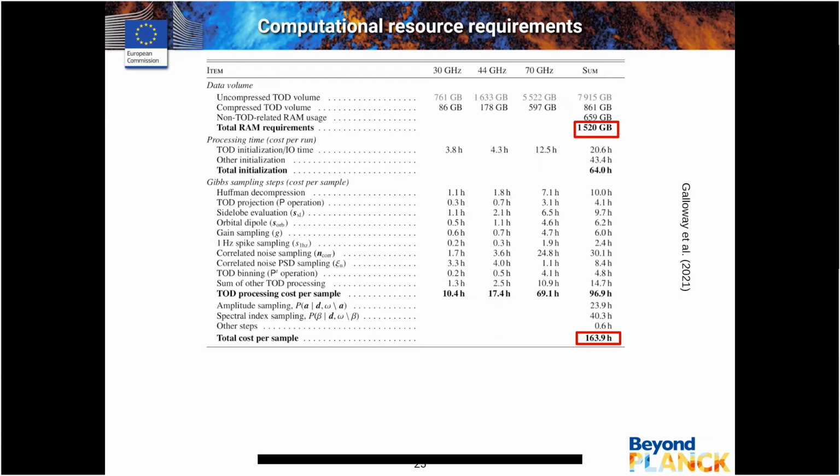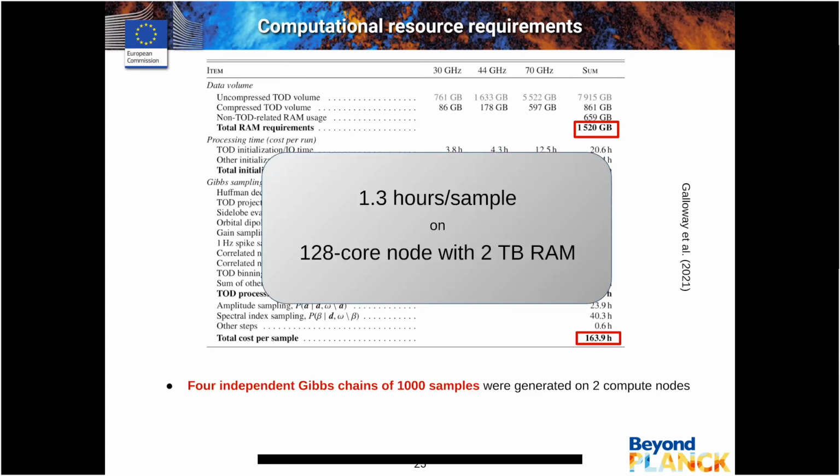So that means we can get the full sample set. We generated 4 independent chains of 1,000 samples each on 2 different nodes, and the total wall time was about 15 weeks. Although that does sound like quite a bit, it's still doable in finite time, and does allow you to get this full sample set.